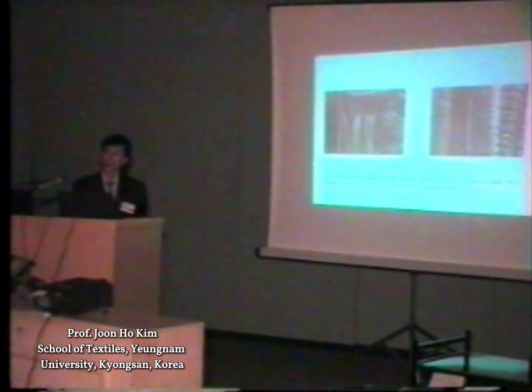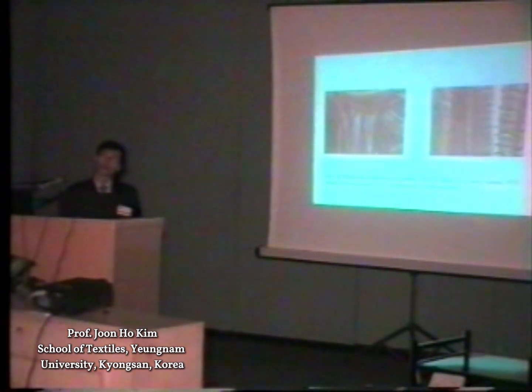This appearance was obtained only in the samples heat treated at 160 degrees. But till now we cannot explain the origin of this structure in detail. We need to study more about this problem.